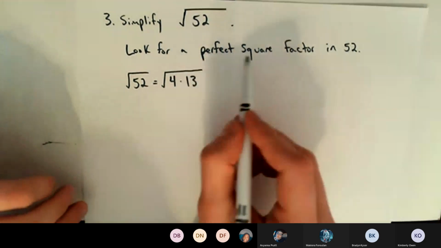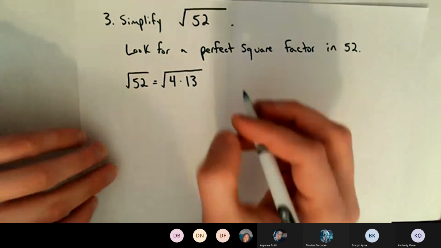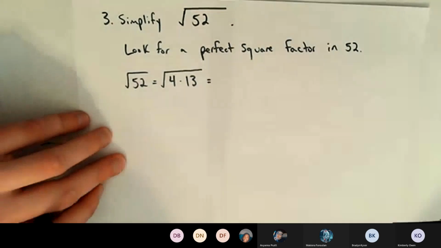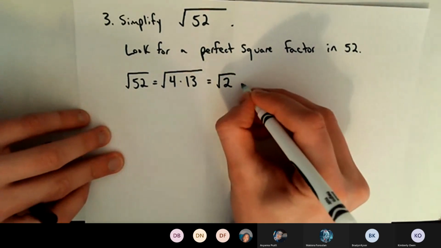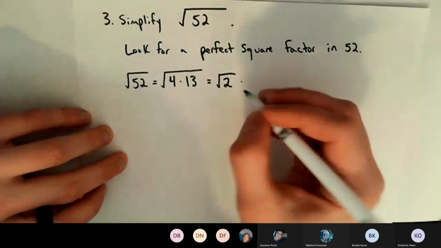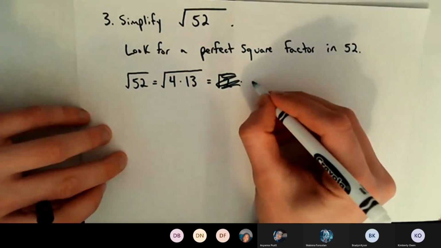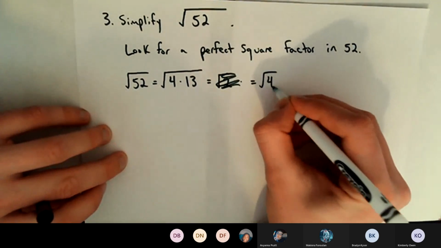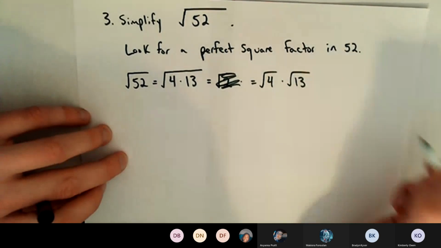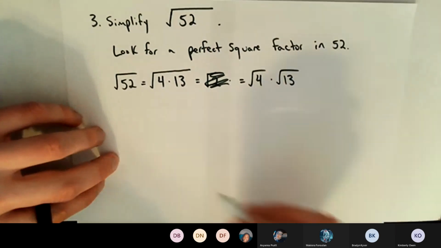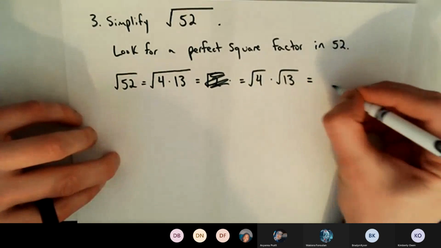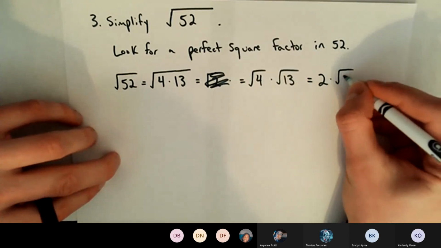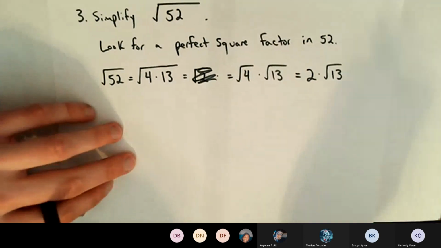Okay, that's my perfect square factor. Now I can split the radical into square root of 4 times square root of 13. The reason I picked square root of 4 is because it simplifies to just a 2. So I'm getting 2 times the square root of 13.